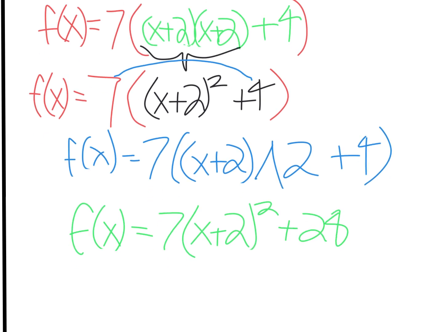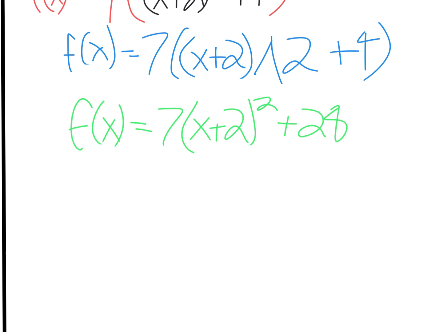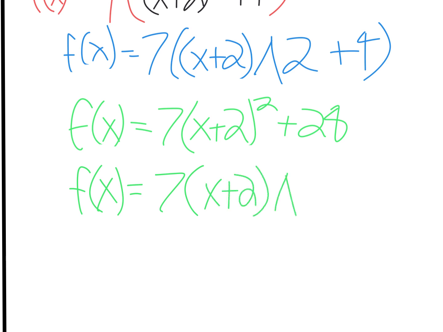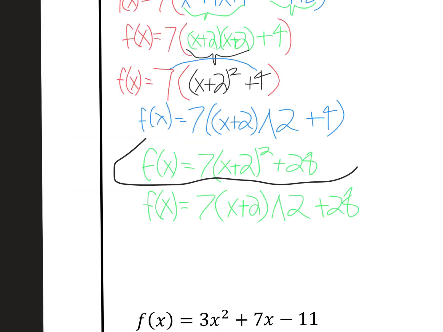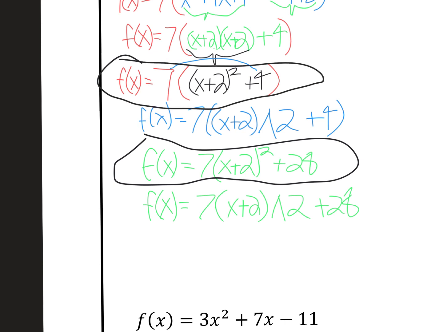So all I have to do typing that into Schoology is f of x equals 7 parentheses x plus 2, and then I believe it is shift and the number 6 gives you that symbol, raised to the power of 2 plus 28. So either this or this is acceptable for my final answer. I just want to make sure you all type it in correctly.